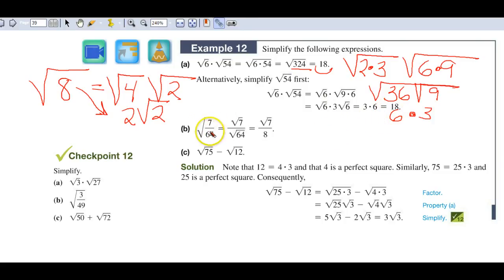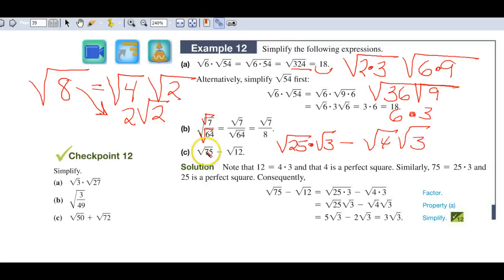Now another way to do this one is you take the square root of 7 and separate it, the square root of 64. The square root of 64 is 8. So you have the square root of 7 over 8. Now for letter C, we have the square root of 25 times the square root of 3 minus the square root of 4 times the square root of 3.